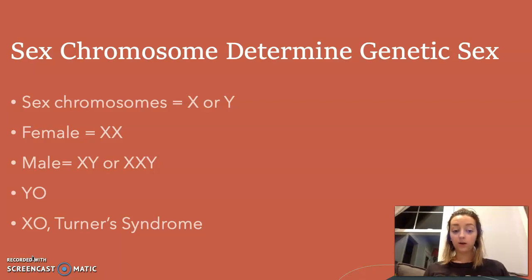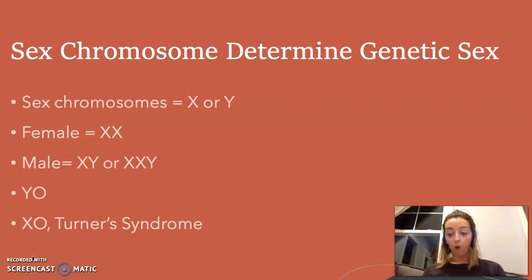There is also a possibility that sex chromosomes can be abnormally distributed during fertilization. For example, if there are multiple X's but also a Y, this embryo will become male, like I have indicated on the screen that XXY can be male. This is because if that Y is inherited, it doesn't matter if there are two X's, it will become male.